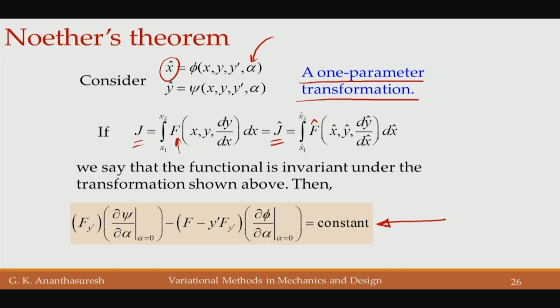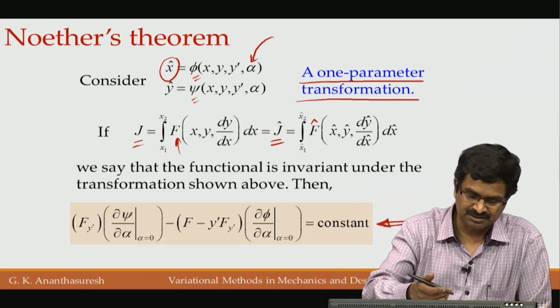We have to look at it carefully. What is it saying? We have two things, phi and psi, and it is using both in this theorem. In this statement, it says f sub y prime, that is dou f by dou y prime, multiplied by dou psi by dou alpha. Alpha is a parameter, it could be a rotating coordinate system, that could be theta.